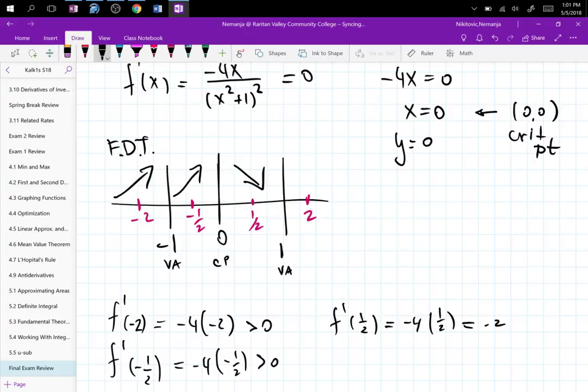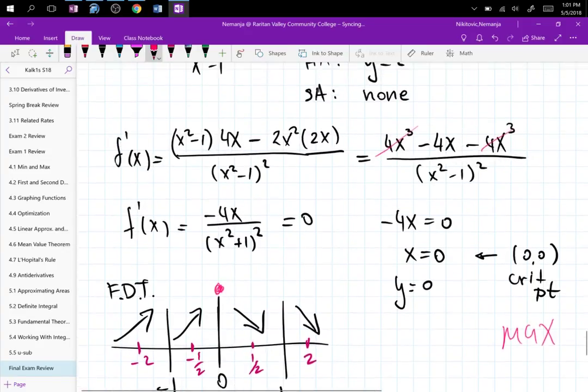And the last one, the first derivative at 2, is negative 4 times 2, which is negative 8. It's also decreasing, telling us that this point here is a max. And that's the complete problem.